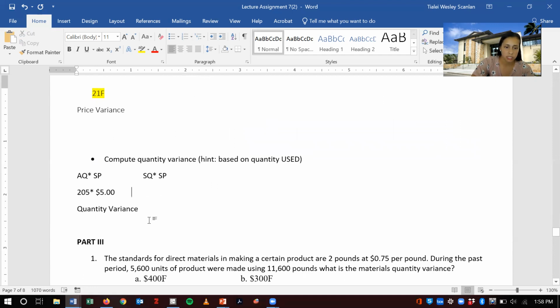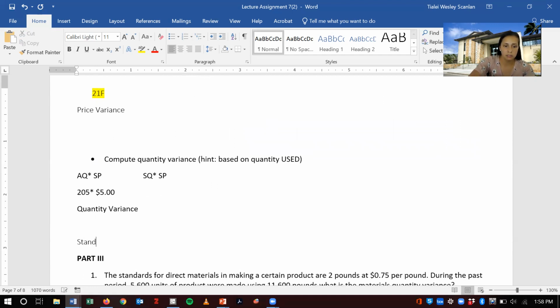So for standard quantity, 2,000 parkas times 0.1 gives 200 standard quantity.